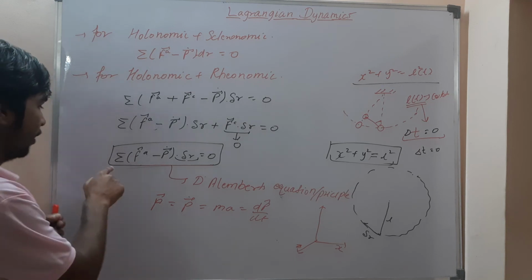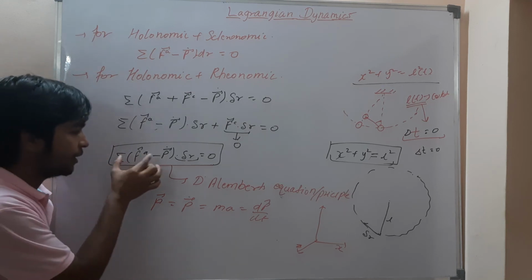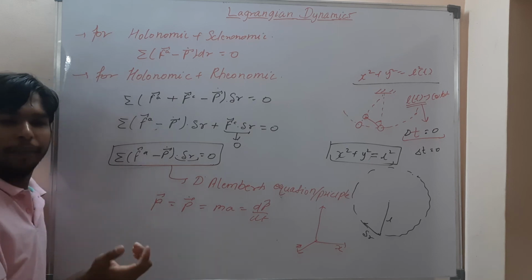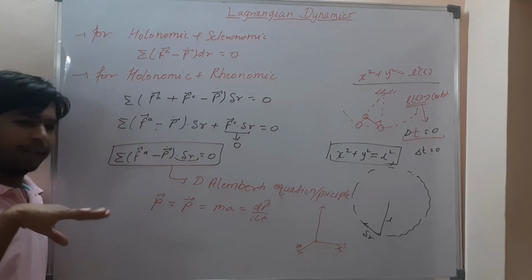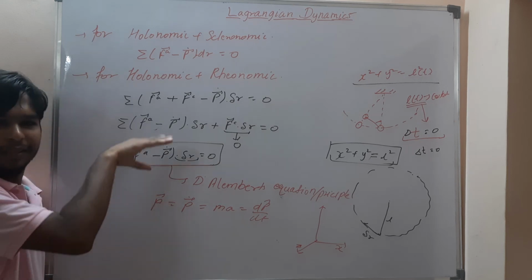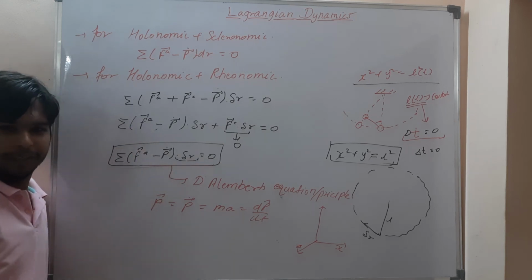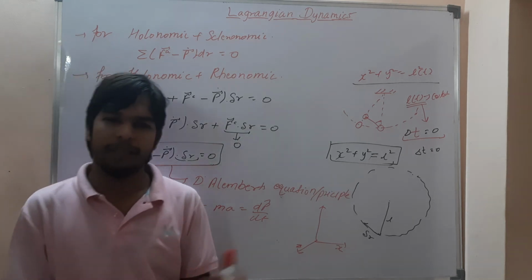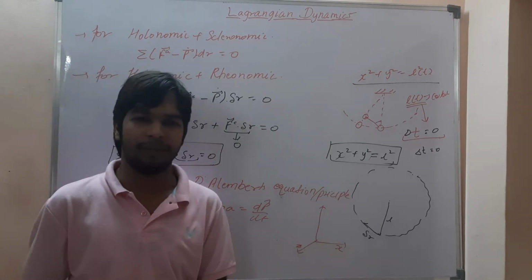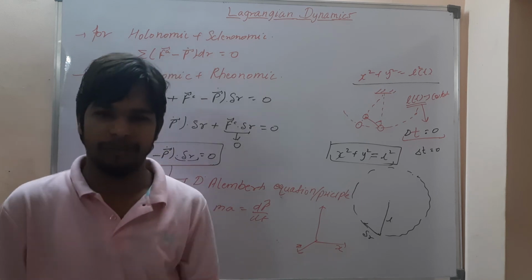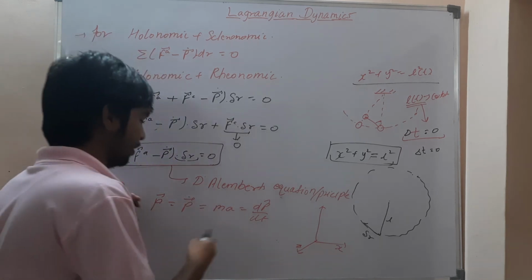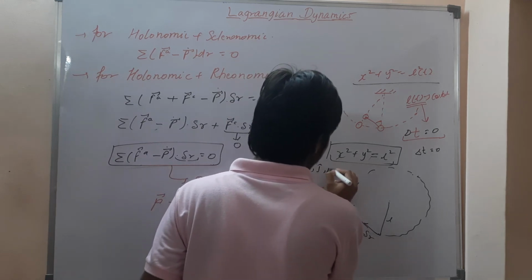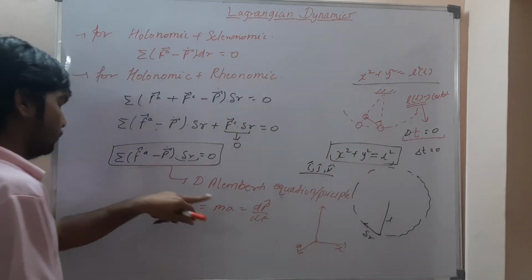If I take 1 to 10 particles, I have to take each particle and add them like this, so this is difficult. But for each particle we could have three components, x, y, z, and according to that we could easily solve. And with vectors i, j, k we could have another form.